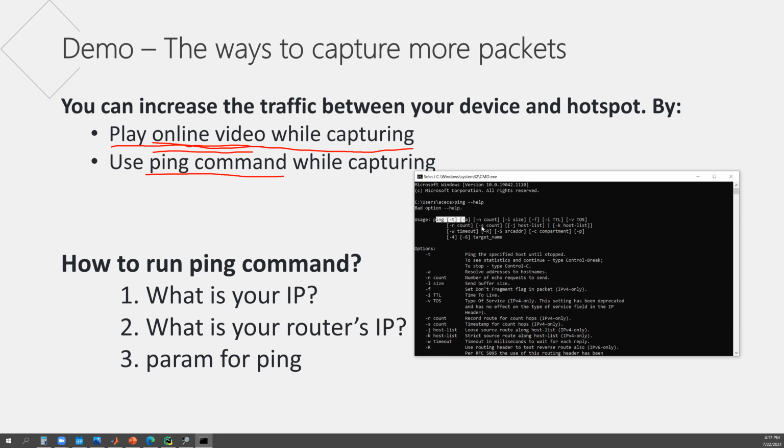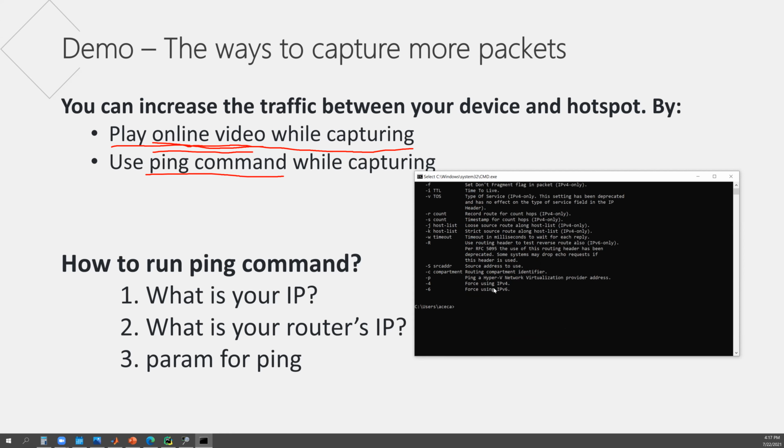You can see there are lots of available parameters for us. But what we need is just the ping command, maybe with the interval. I mean -i, the interval. I set it as 1, which means I send 1 packet from my computer to the hotspot. And -n means how many packets we want to send in total.